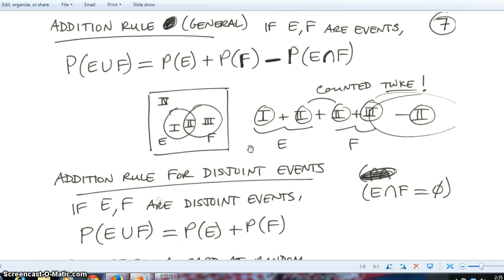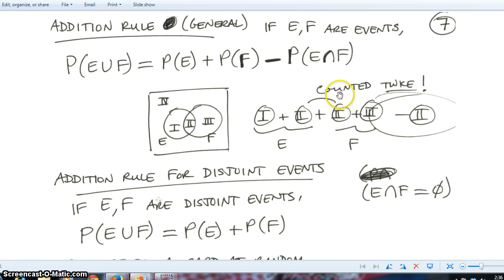So if you were to add the probabilities of E and F together, and this is a little bit hand wavy here, but I think you get the sense of kind of where the argument's going. The probability of E would kind of consist of these first two regions here.